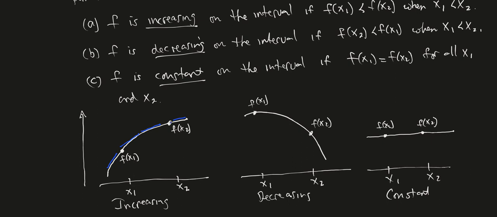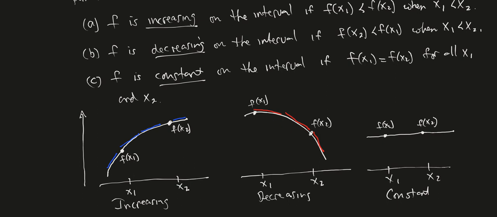Similarly, here, as long as the graph is going down, when I draw my tangent lines, let's say here, or here, or here, all these lines are sloping downwards, right? So, tangent lines that are sloping upwards correspond to a function that's increasing. Tangent lines that are sloping downwards correspond to a function that is decreasing.